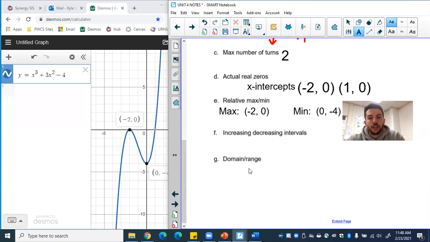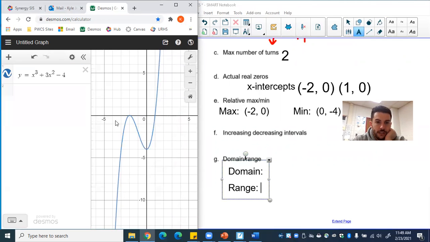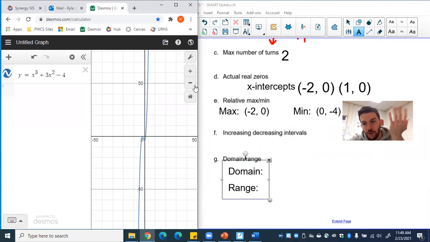Okay. So for the domain and range here, again, we've talked about that before. But the domain, again, we're wondering how far is this graph going to extend in terms of the x values, or to the left and to the right? And again, a better question might be, is there a specific place where it stops expanding left or right?